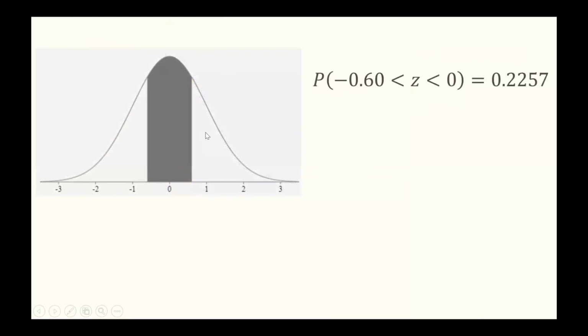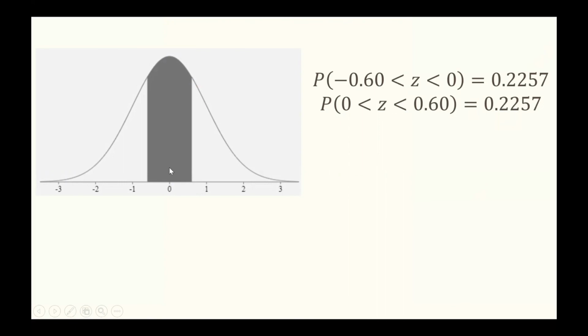So, here, to write that, from negative 0.60 to 0, that is 22.57%. And from 0 to 0.60, pareho lang, 0.2257. So we'll be using case number 2 here. That is different sign. Yung isa negative, yung isa positive.